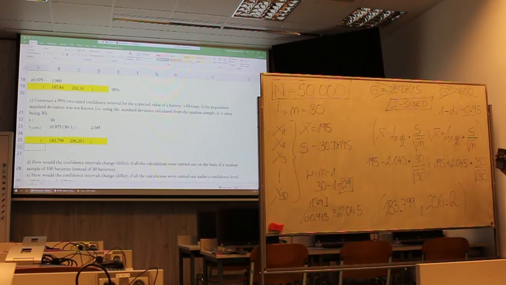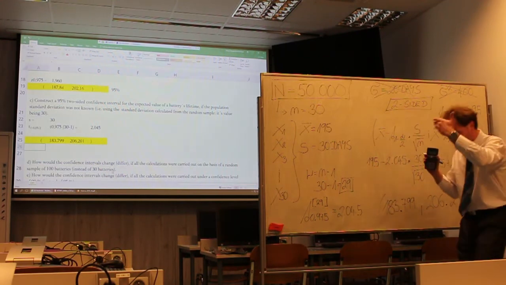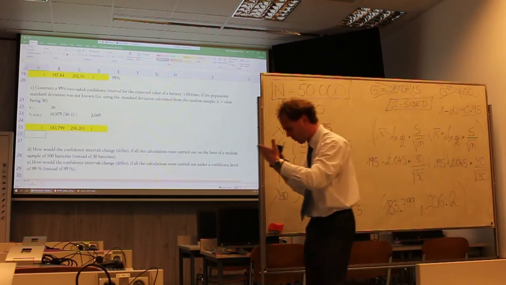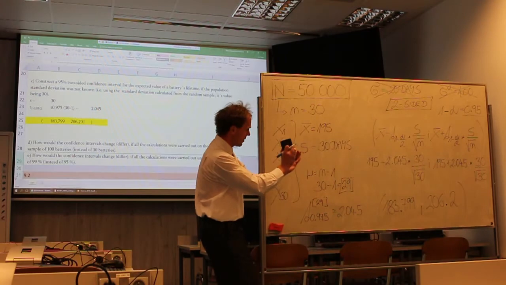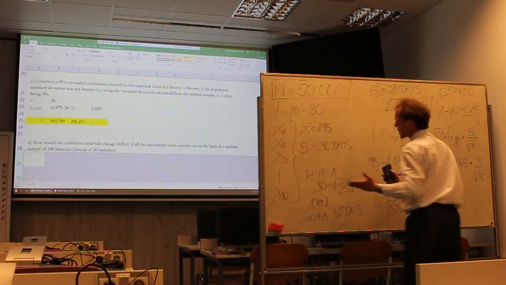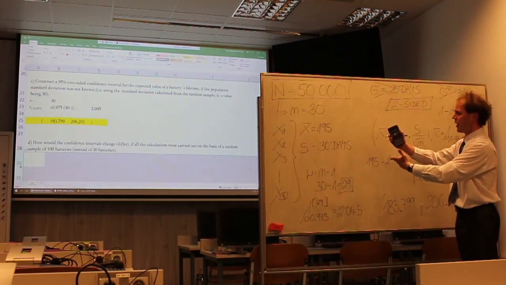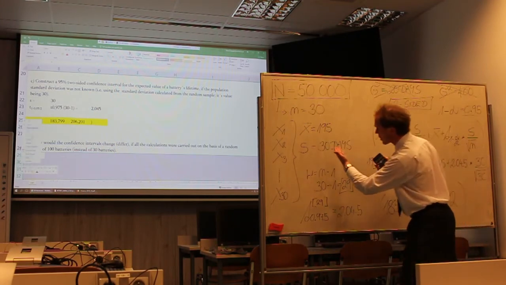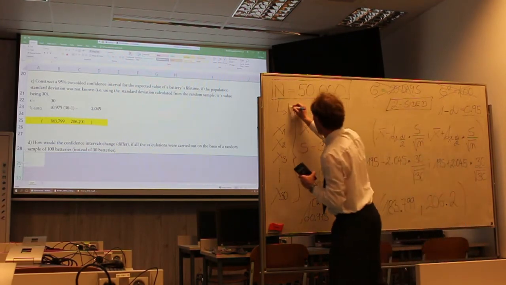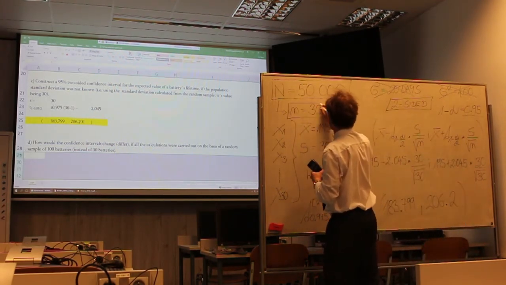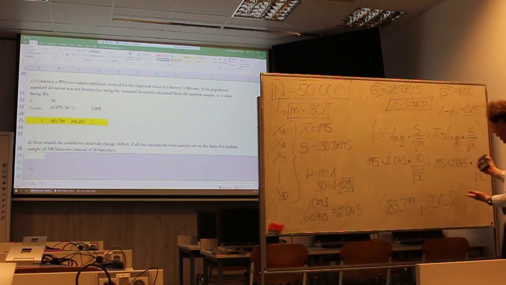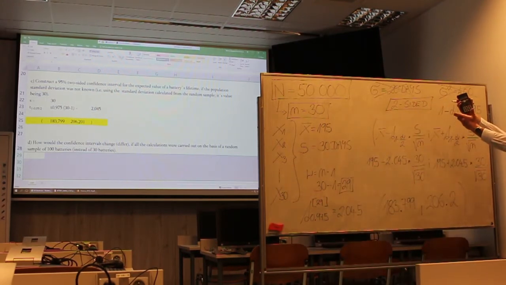206.2 days, with 95% probability. It's based on our data set, on our sample, because we have here only 30 batteries, not 50,000.